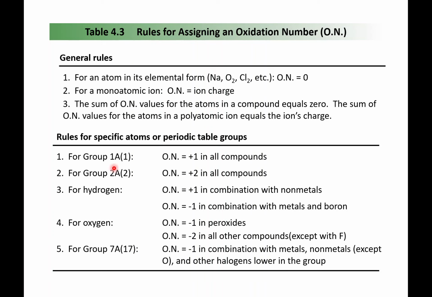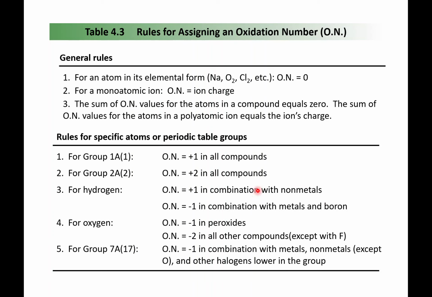For specific rules, they're shown here. Group 1 metals are going to be +1 in all compounds. Group 2 are going to be +2 in all compounds, and that's really because those metals lose electrons and are left with a +1 or +2 charge when they form ionic compounds. Hydrogen is going to be +1 when it's combining with nonmetals, probably 99.9% of the time.